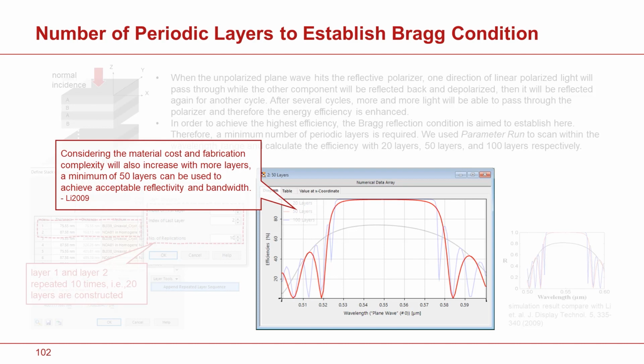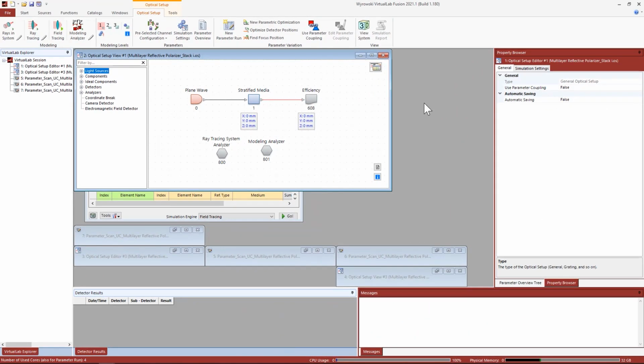Let's close this with a brief look into VirtualLab Fusion, at how those layers, isotropic and anisotropic, can be combined in a single coating. Here we are again. We have a very straightforward setup with a plane wave source, a stratified media component, and an efficiency detector.